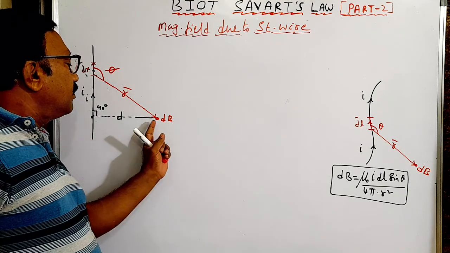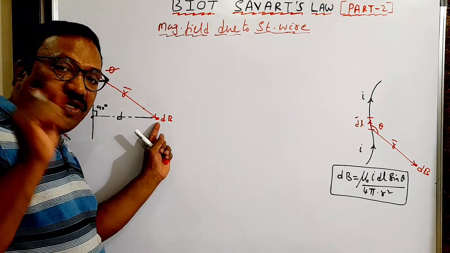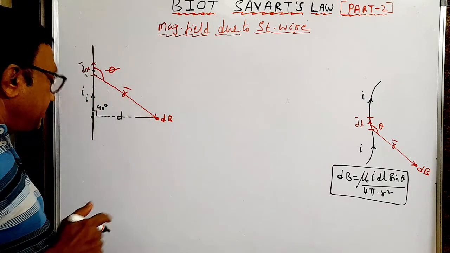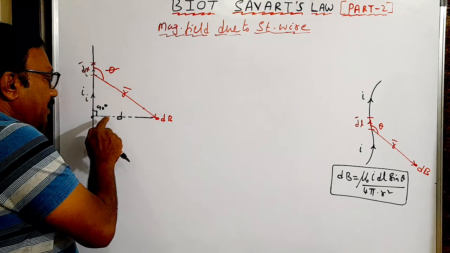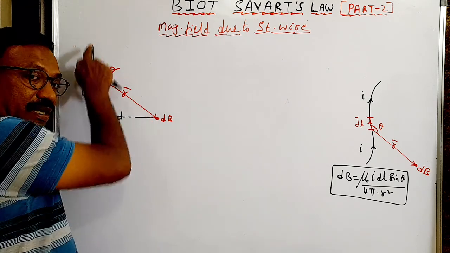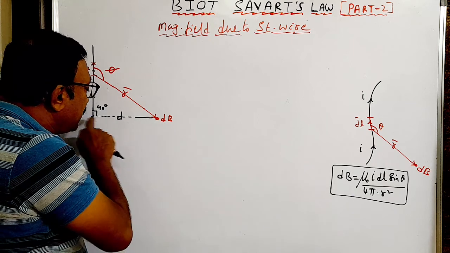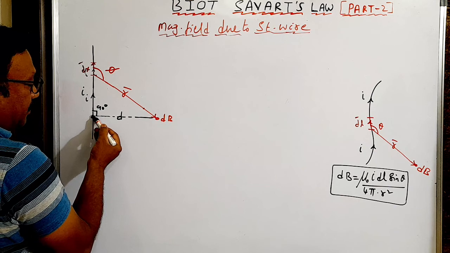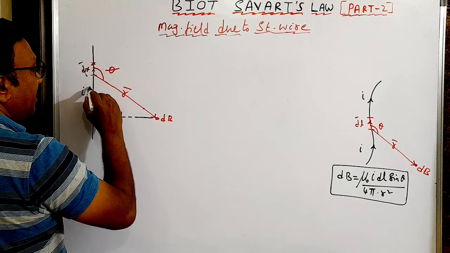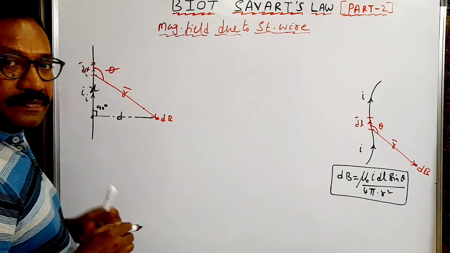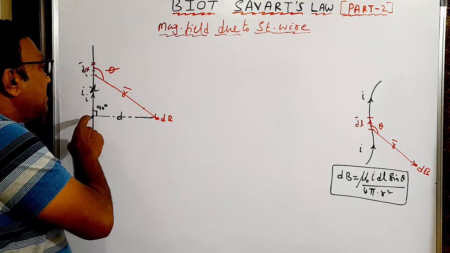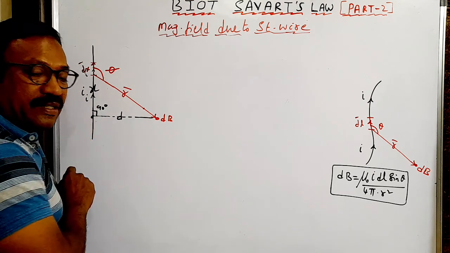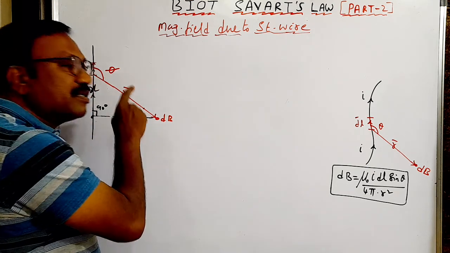That means the point where you are determining the magnetic field due to this straight wire is at a perpendicular distance d from the wire. Now from this point, the distance of the element is x. That means I have considered an element dx at a distance x from the point where the perpendicular is dropped.